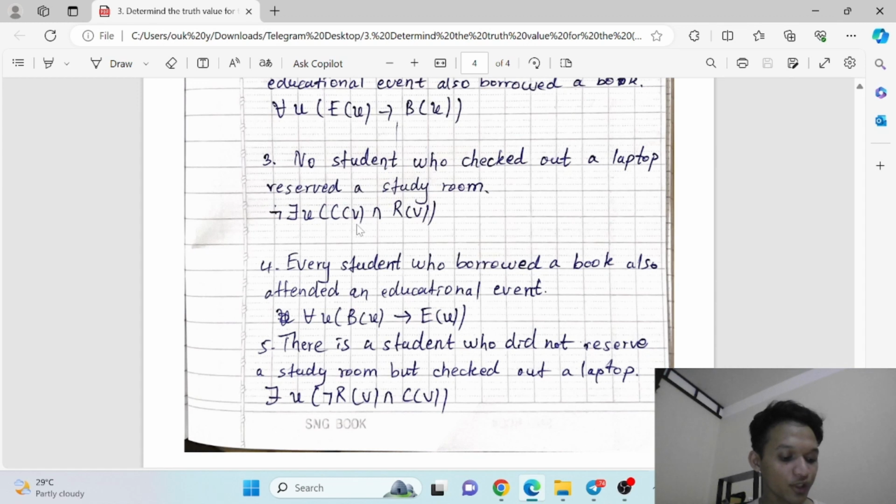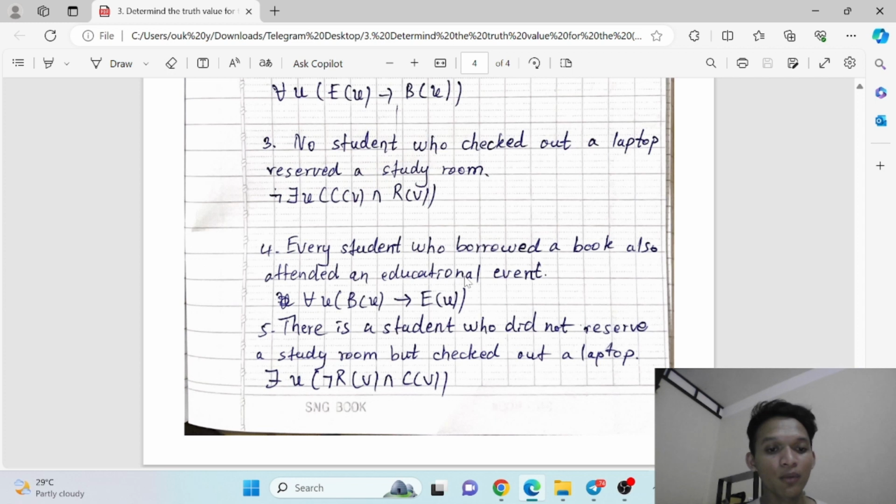3. No student who checks out a laptop reserves a study room. There does not exist a student v such that C of v and O of v, or there does not exist a student v such that student v checks out a laptop and reserves a study room. And 4. Every student who borrows a book also attended an educational event.